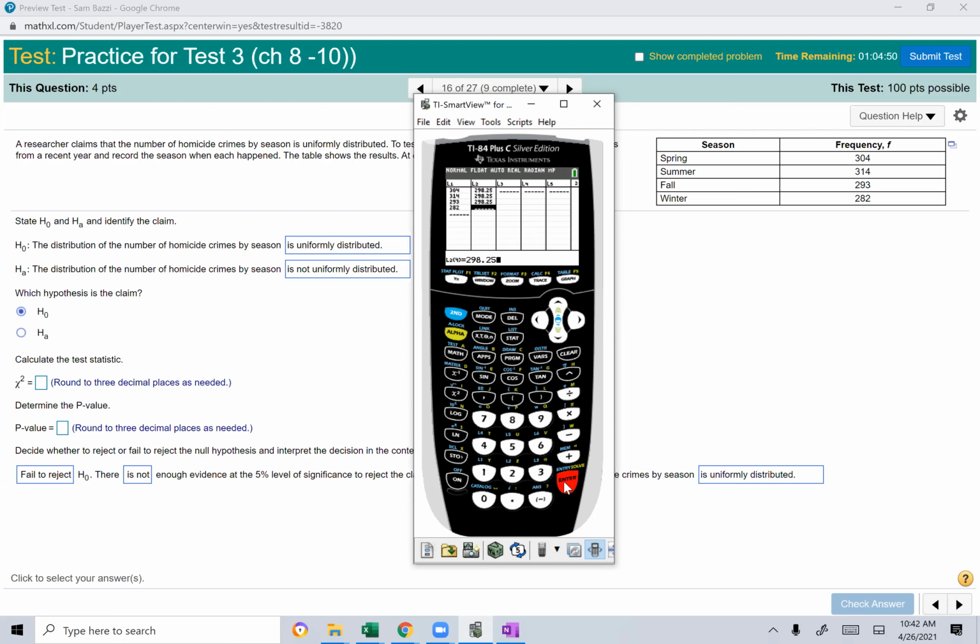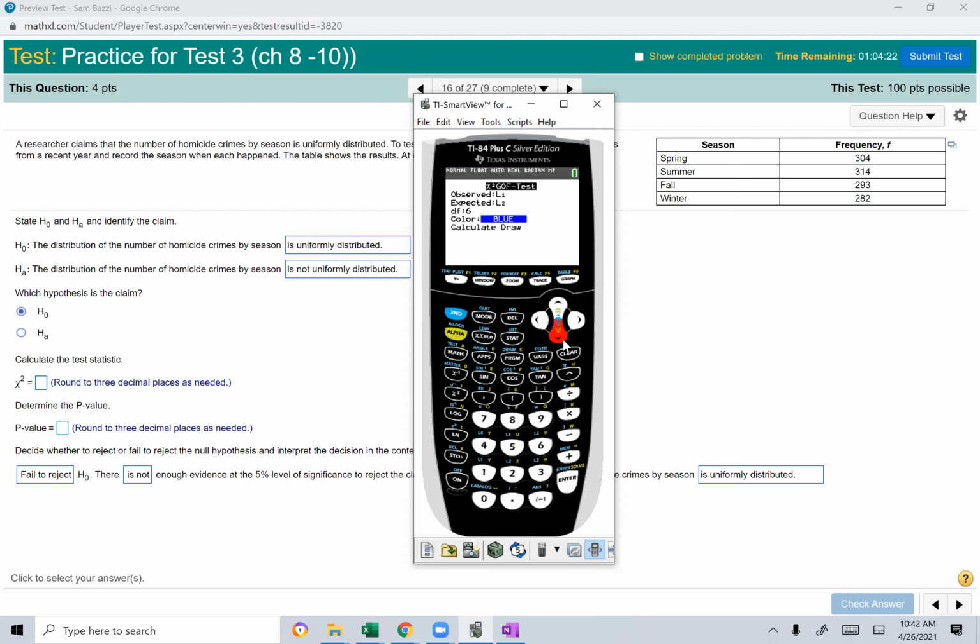All right, stat, tests. Scroll up. L1, L2. Okay, degrees of freedom. Who can tell me what are the degrees of freedom? Don't leave it at 6. You'll get the wrong answer here.